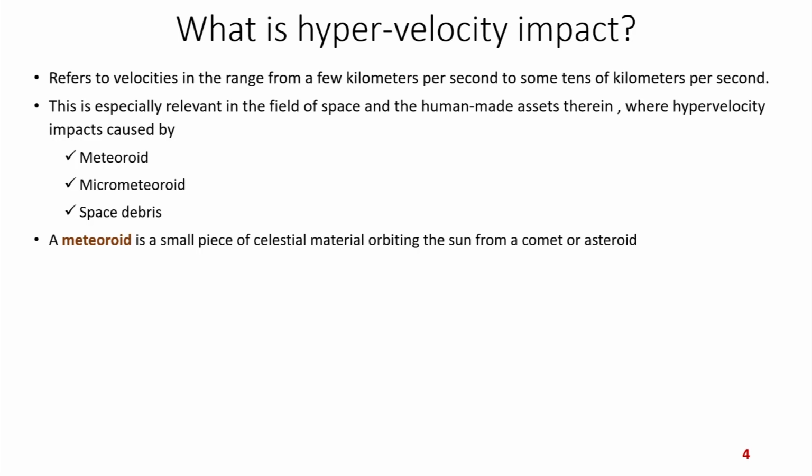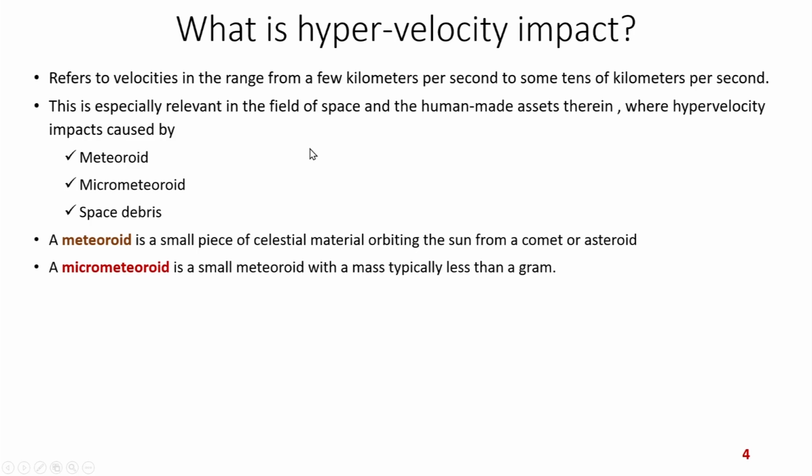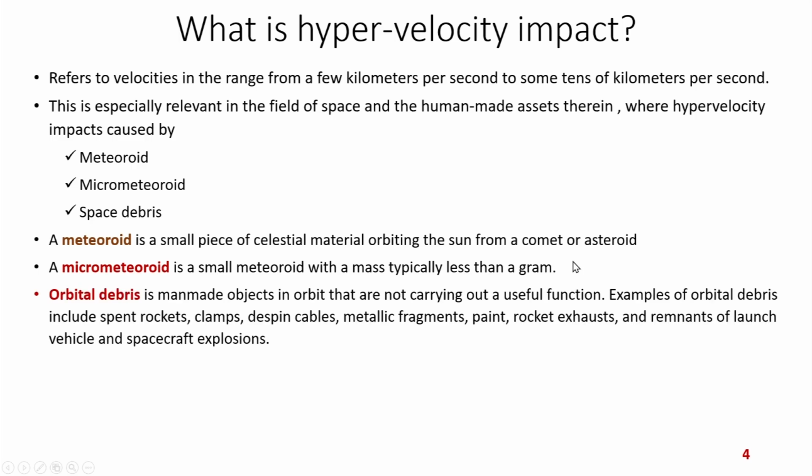When there is a collision between asteroids, it can create a meteoroid shower. And a micrometeoroid is very small, in terms of microns, with mass typically less than a gram.